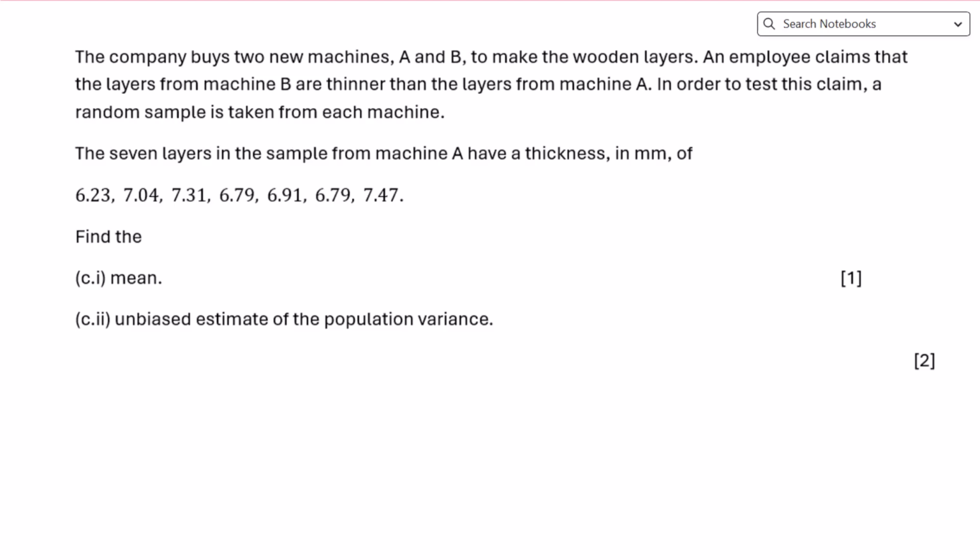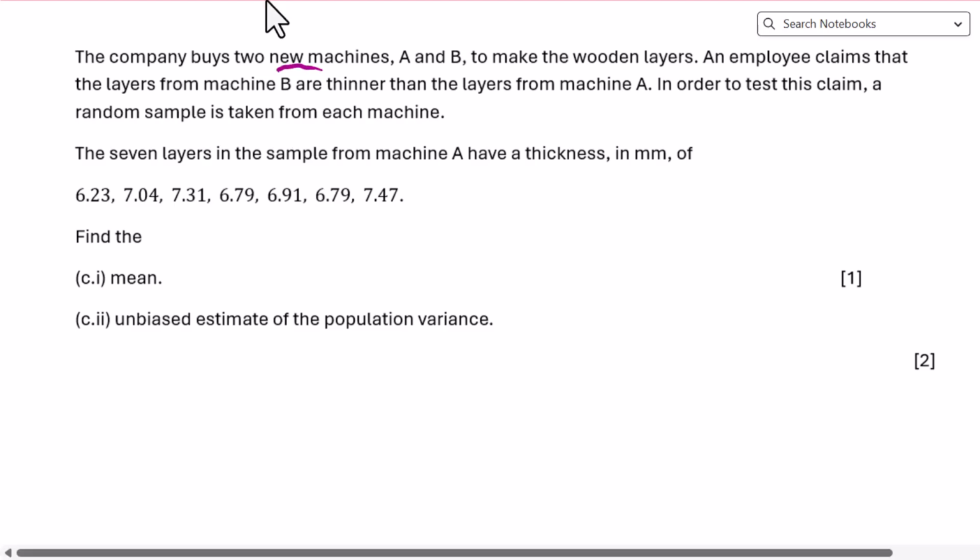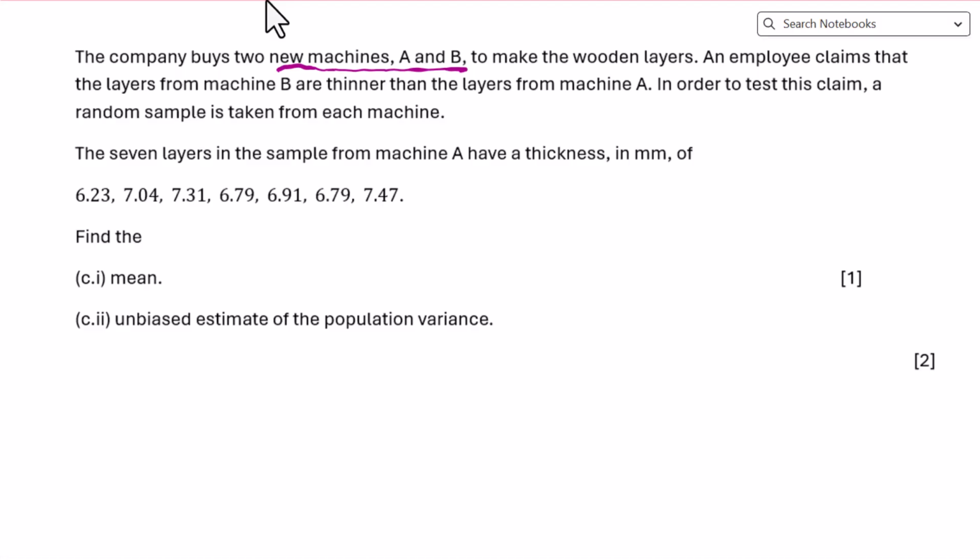The company buys 2 new machines A and B to make the wooden layers. An employee claims that the layers from machine B are thinner than the layer from machine A. In order to test this claim, a random sample is taken from each machine.